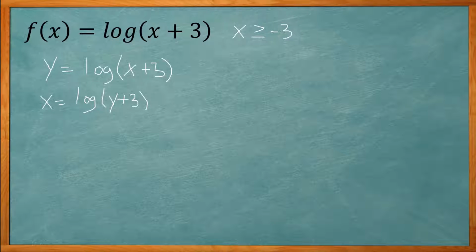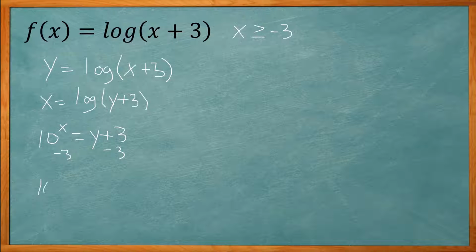Now I want to write this in exponential form. Remember, this is log base 10 of y plus 3, so you write it as 10 to the x power equals y plus 3. I want to subtract 3 from both sides.